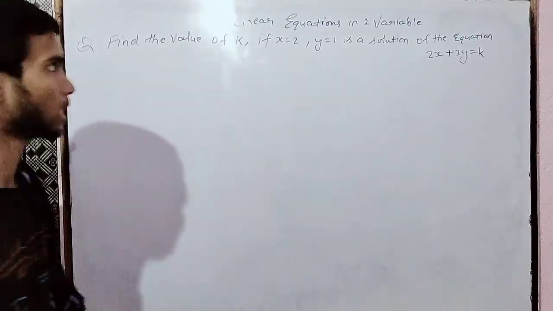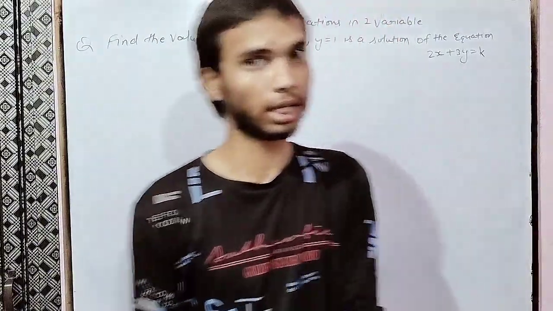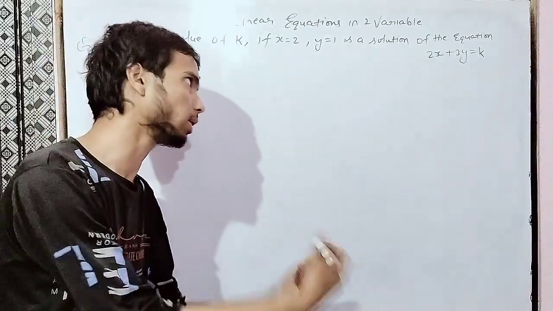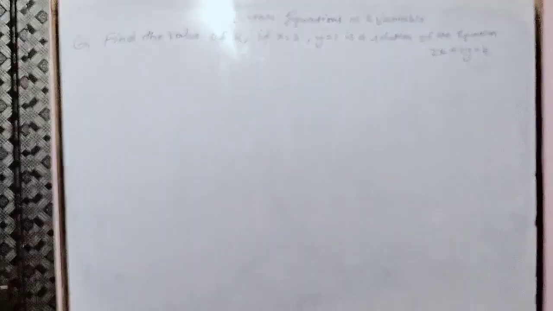In this question, x is given, y is given, and a linear equation is also given. You have to put the value of x and the value of y in the given linear equation. Then you will get the value of k.